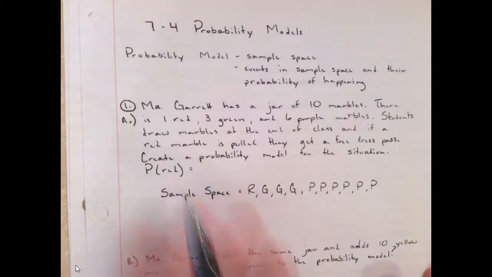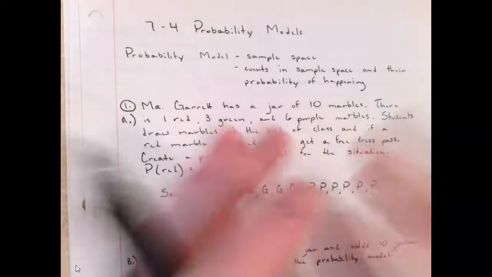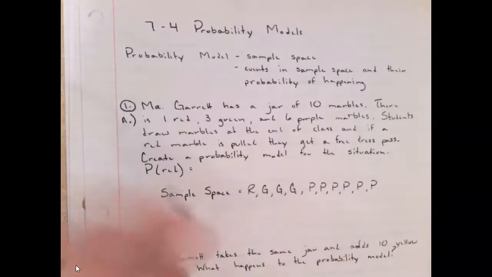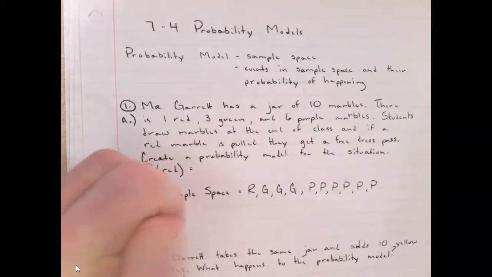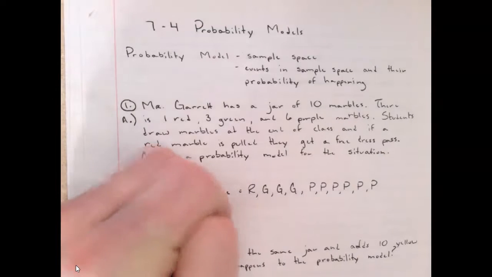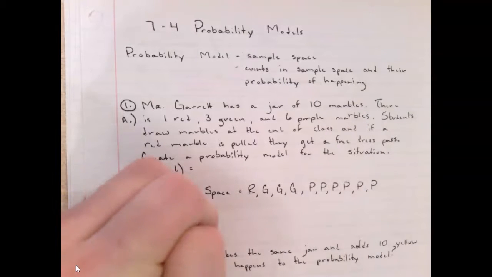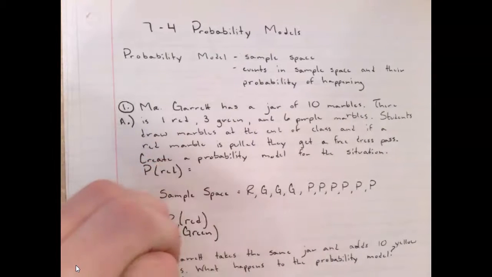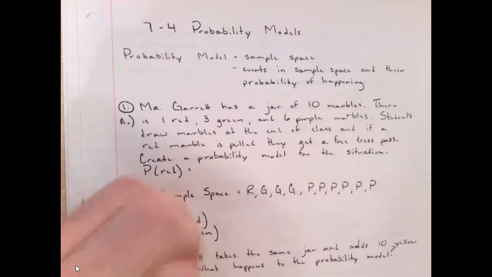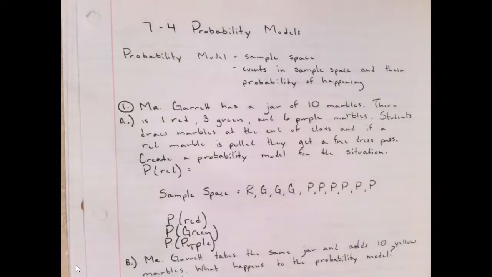But I really like it, guys, because it breaks down probability for many things at once. So for this problem, I could find the probability of the red marble, the probability of a green, and also the probability of purple. So those are my 3 different events, and now I need to find the probability of them happening.